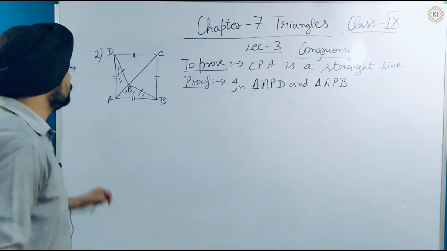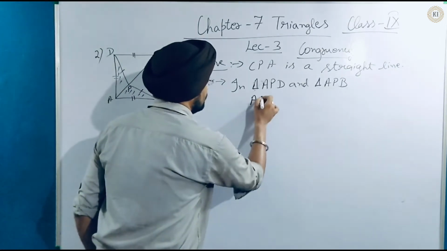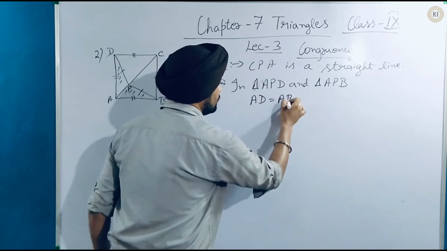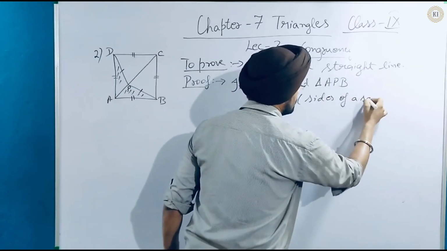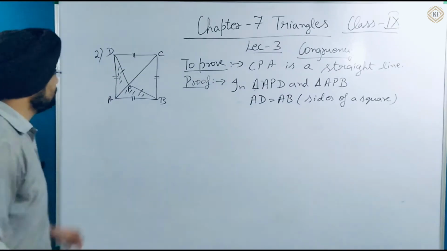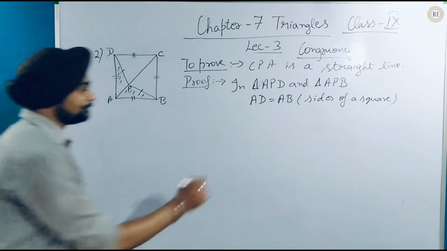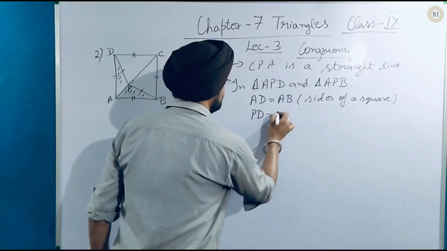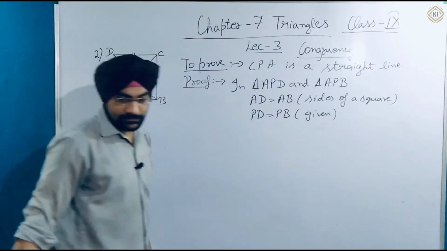Now in these two triangles you can see AD is equal to AB. Reason we will write sides of a square, because all the sides of a square are equal. Second thing you can see PD is equal to PB, that is already given.